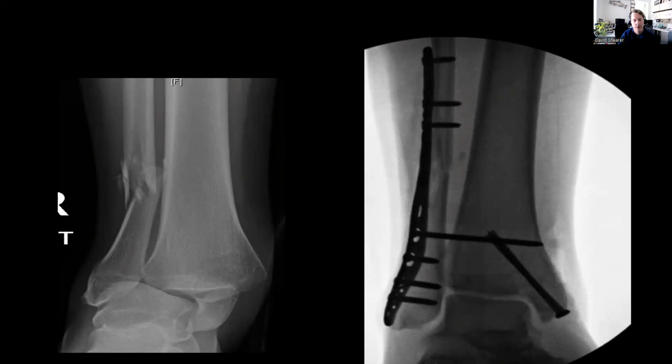But if indirect reduction techniques are used, it's very important to assess the radiographic parameters that were described, such as the Shenton's line, the dime sign, and talocrural angle to ensure that fibular length has been restored.